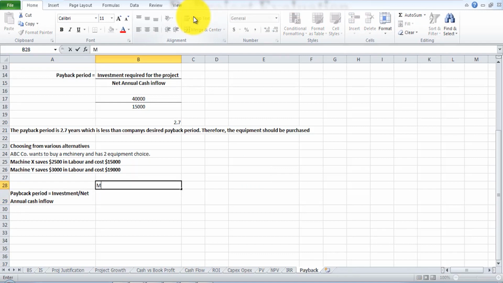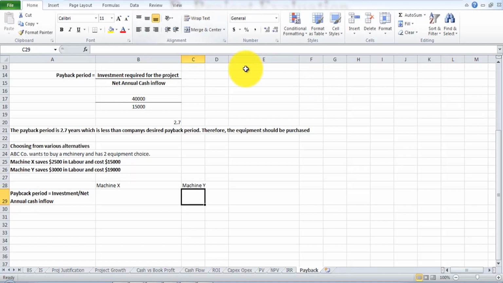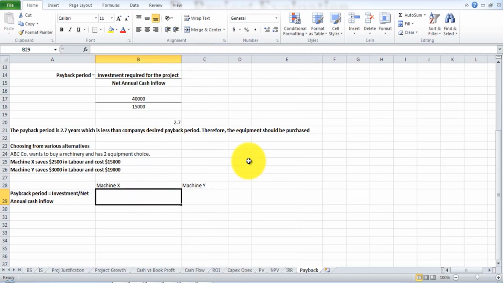Over here we're going to compute for machine X and this will be for machine Y.